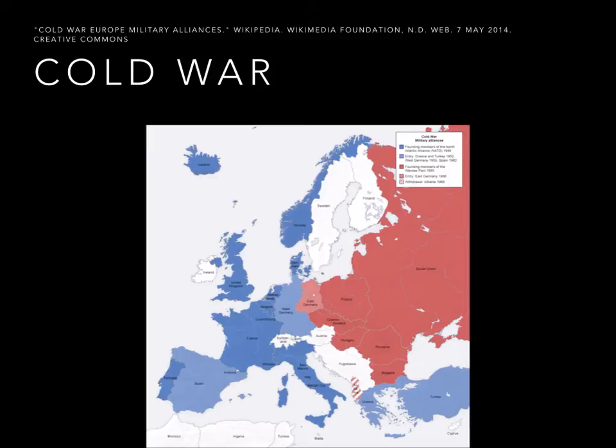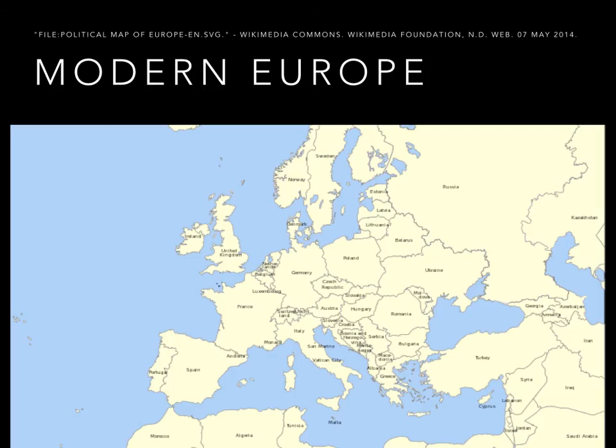The Cold War, this is a map you could definitely see. Once again, you key in on the fact that Germany's divided here in Central Europe, and yet Yugoslavia is still intact, the Soviet Union is still intact. So you see a couple of key countries here in Central Eastern Europe that are the giveaways for this map. And then finally, modern Europe. Here you see it's a fairly divided map.